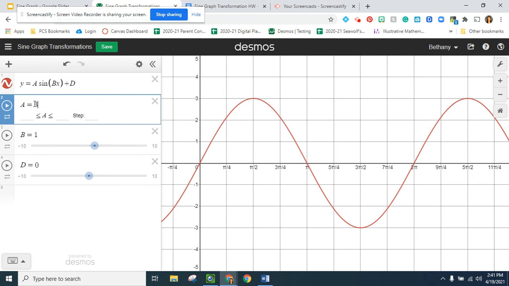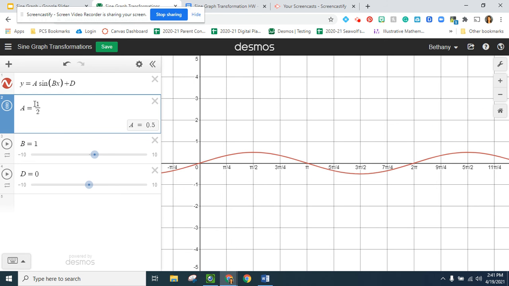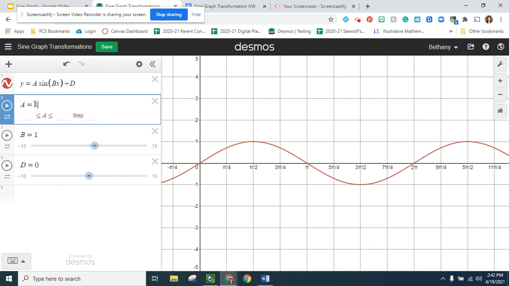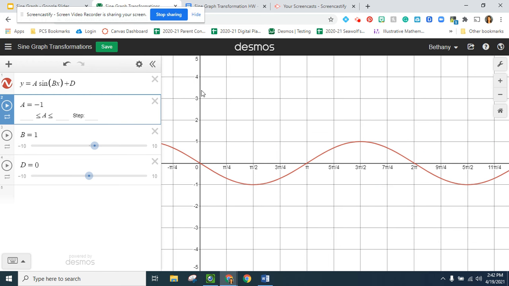If I make the A value bigger than 1, it's going to be a vertical stretch. If I make it a half, it's going to be a vertical compression. So it smushes it and makes it flatter. But what would happen if I made it a -1? Totally flips it upside down. So it used to be up here at +1 and is now down here at -1.